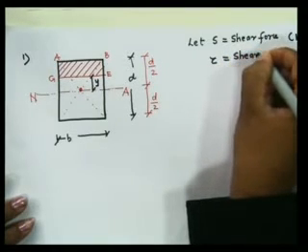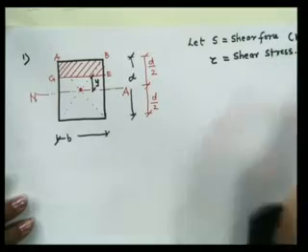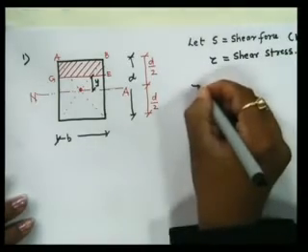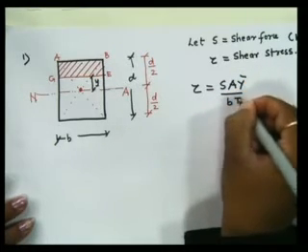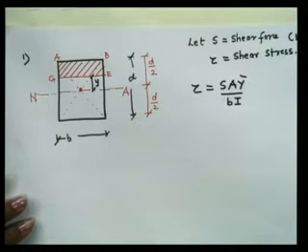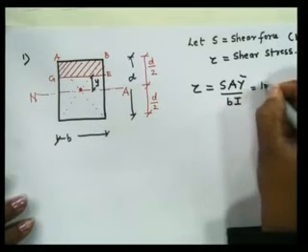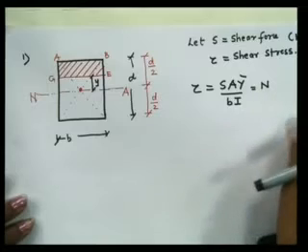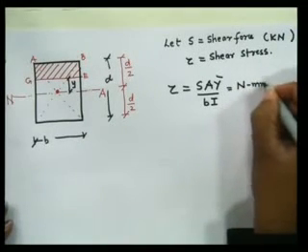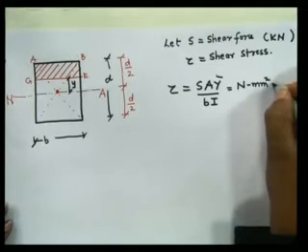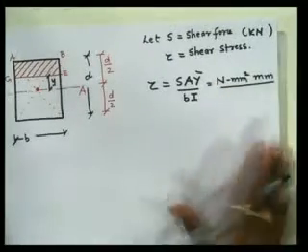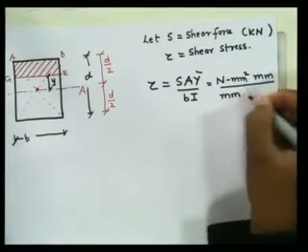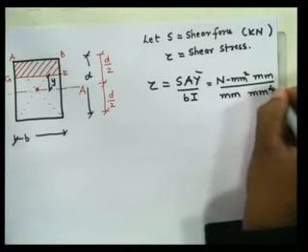The formula we have derived for tau is S A y bar upon B I. Now if I want to derive the unit of shear stress: shear force is in kilonewtons or newtons, area is in mm square or meter square, y bar is a distance so it is mm, the width is in meter or mm, and I is moment of inertia, that is mm to the power 4.